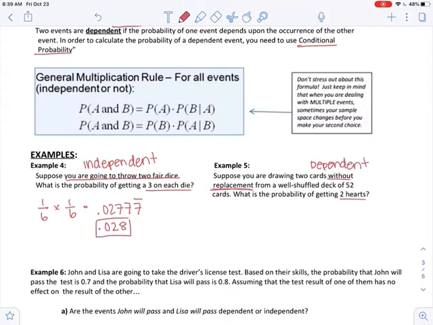So our first is going to be 13 out of 52. And then our second one, since we are not replacing, all right, we're taking a card out, our total of cards is going to be 51, and our amount of hearts is going to be 12.